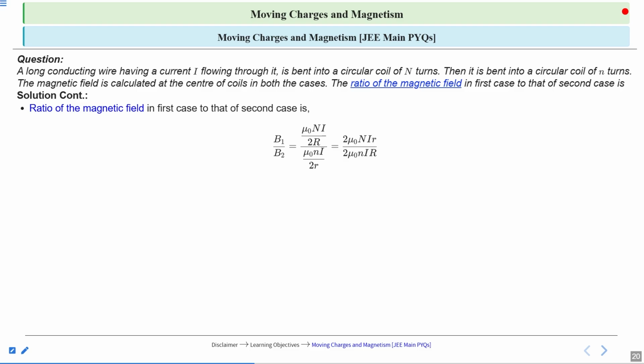We are left with capital N upon small n and small r upon capital R. So after simplifying, B1 upon B2 is equal to capital N upon small n times small r upon capital R.